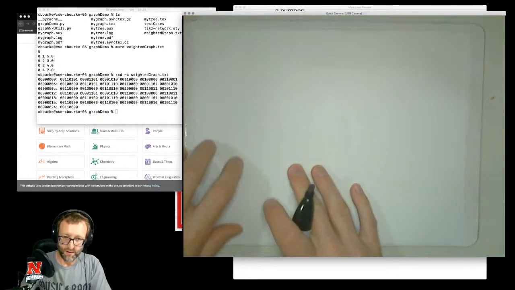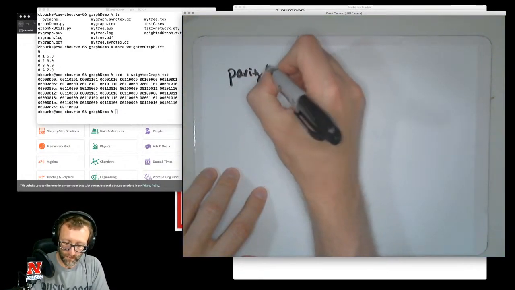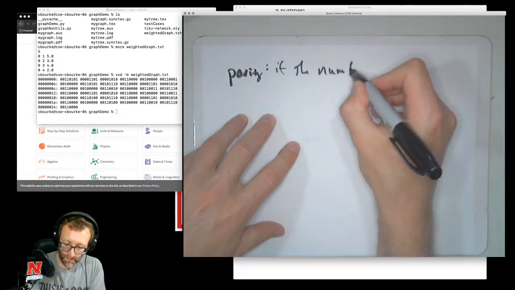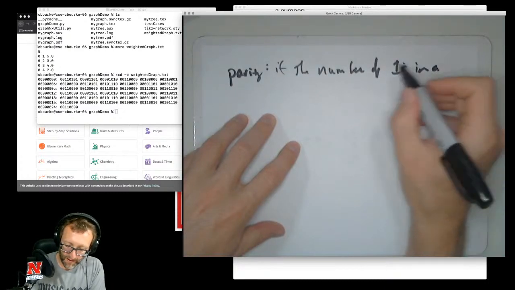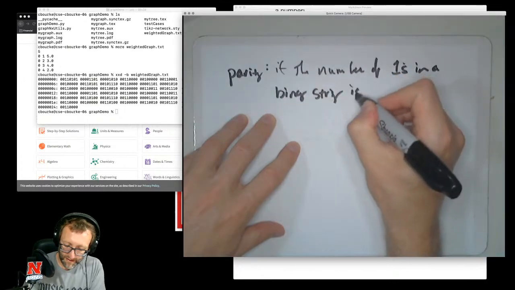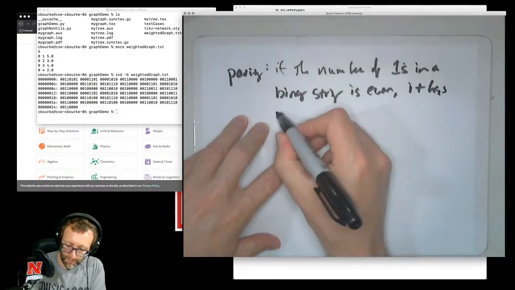So let me go ahead and define a parity. If the number of 1s in a binary string is even, it has even parity.